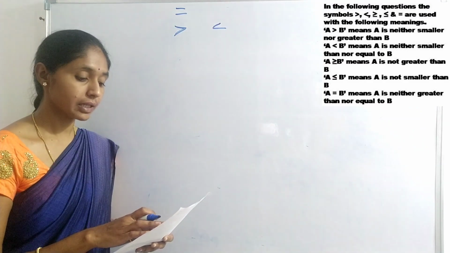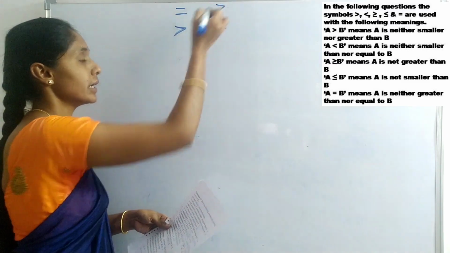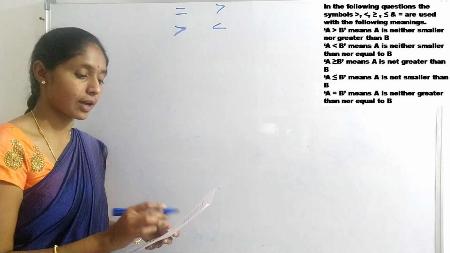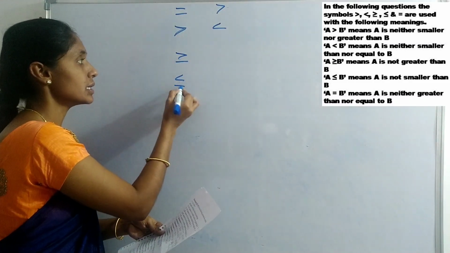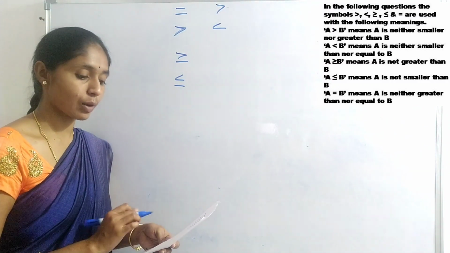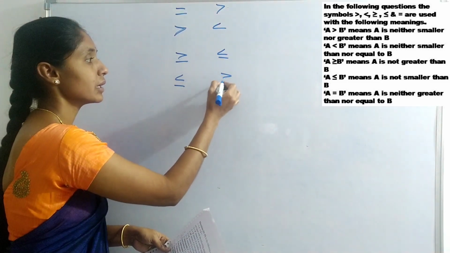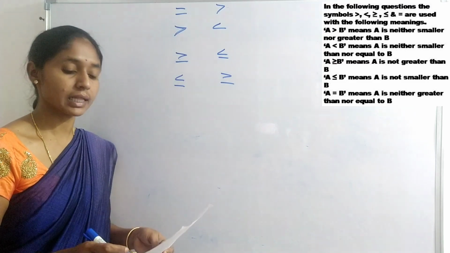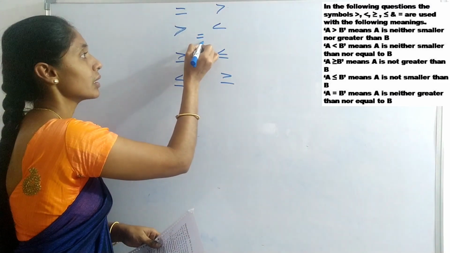A less than B means A is neither smaller than nor equals to B, that is greater than. A greater than or equals to B means A is not greater than B, that is less than or equals to. A less than or equals to B means A is not smaller than B, that is greater than or equals to. A equals to B means A is neither greater than nor equals to, that is less than.